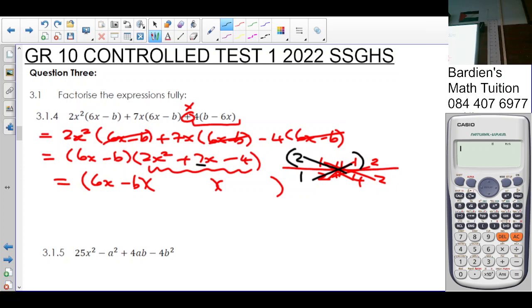And that's what I want. 2 and 1. 1 and 4. X and x. What about our signs? 1 plus, 1 minus. So the bigger one must be plus. Take the sign of the middle term. So that is going to give you 8 and 1. So it's going to be positive 8 minus 1. Okay.